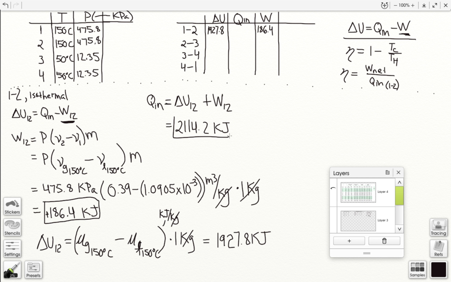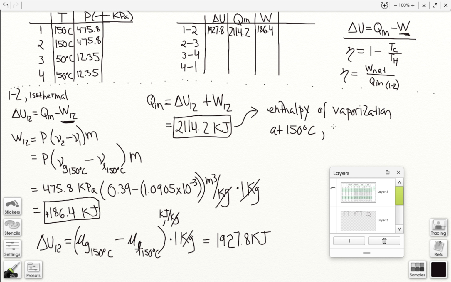So now, there's something very interesting about this value. If we go back in this table, we'll find that this is also equal to the enthalpy of vaporization at 150 degrees Celsius, which is also the symbol for this is HFG.